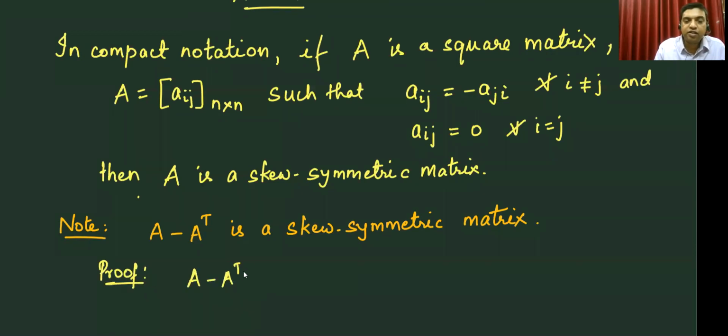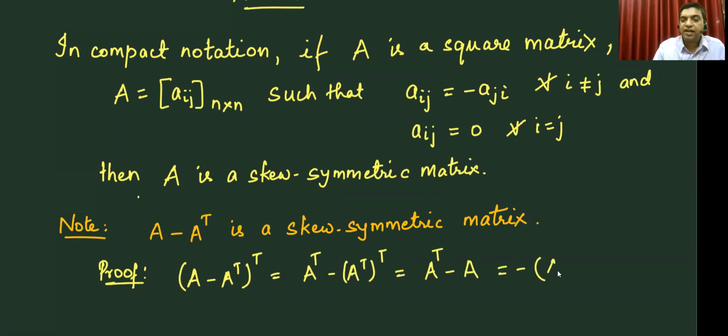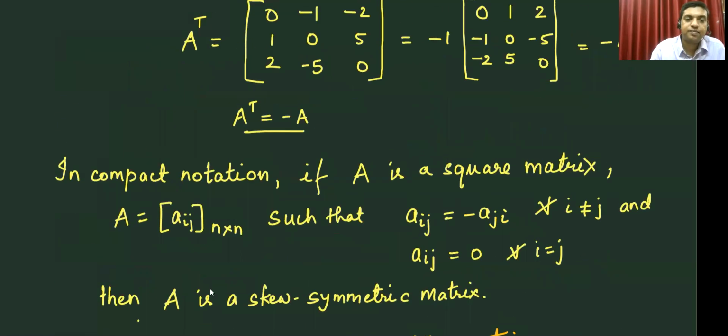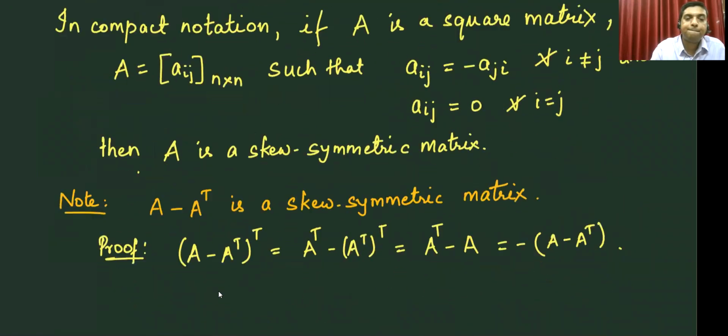A minus A transpose, the whole transpose, is nothing but A transpose minus A transpose, the whole transpose. That's equal to A transpose minus A, which is minus of A minus A transpose. So by definition, this is a skew symmetric matrix. Okay.